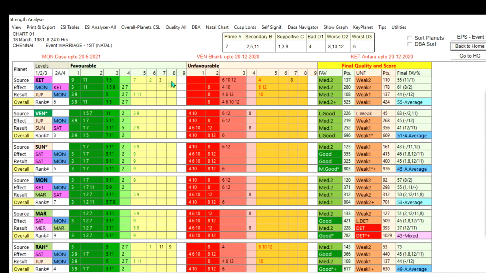In this Analyzer, all the houses signified by the particular planet are grouped under favorable separately and unfavorable separately. Within favorable, 9 ranks are there, and unfavorable also has 9 ranks. It means each house, whether it is coming under first rank, second rank, third rank, fourth rank, 5, 6, 7, 8, 9 ranks, under favorable and unfavorable also.